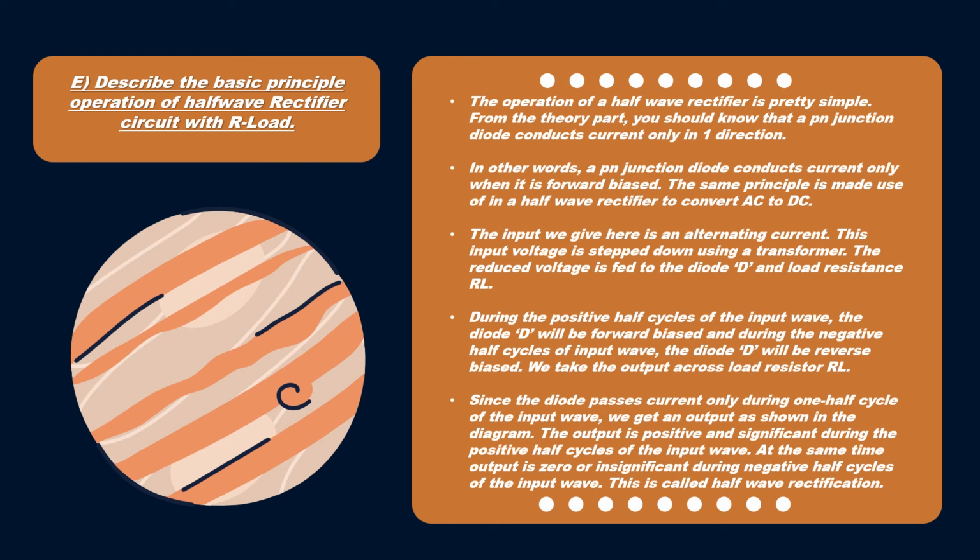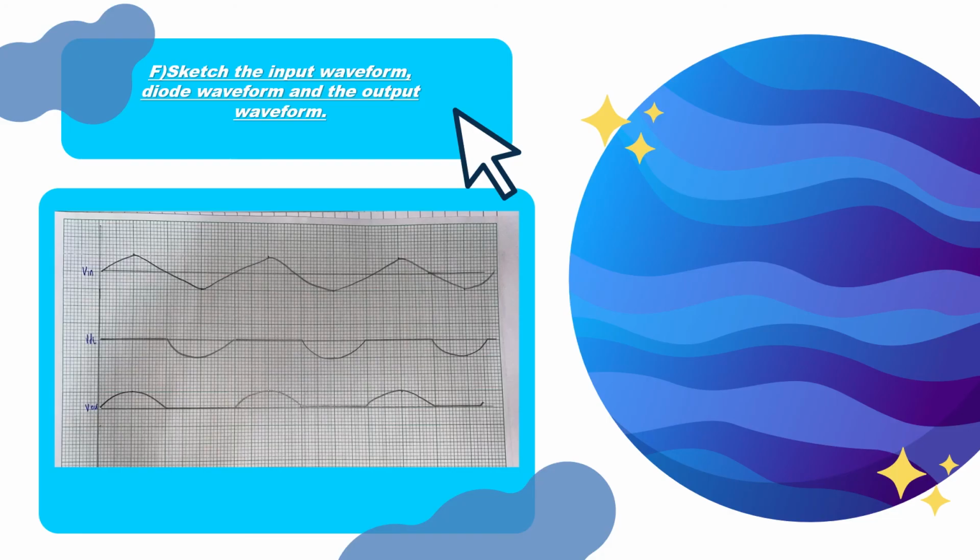This is called half-wave rectification. And the second last question, F. Sketch the input waveform, the diode waveform and the output waveform. The first one, Vin, is the input waveform, the second one is the diode waveform, and the last one is the output waveform, Vout.